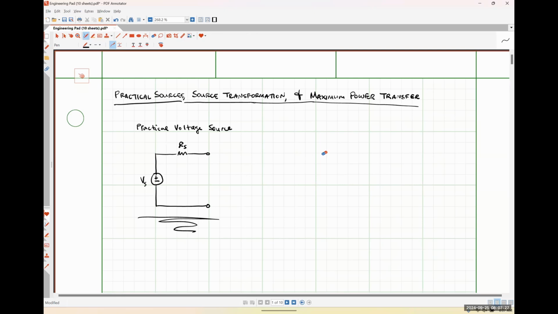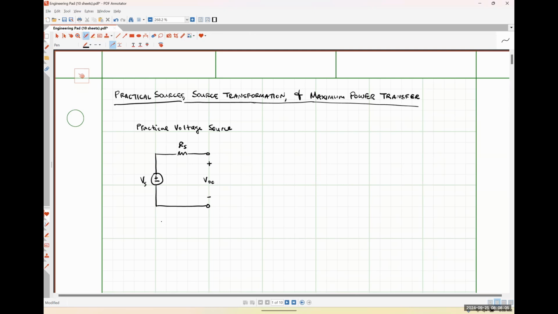But anyway, we have a practical voltage source that is nothing more than an ideal voltage source in series with some resistance Rs. Now I want to define a couple of things really quickly, okay? The first thing is the open circuit voltage. The open circuit voltage is simply the voltage measured across the open circuited terminals of our practical source.